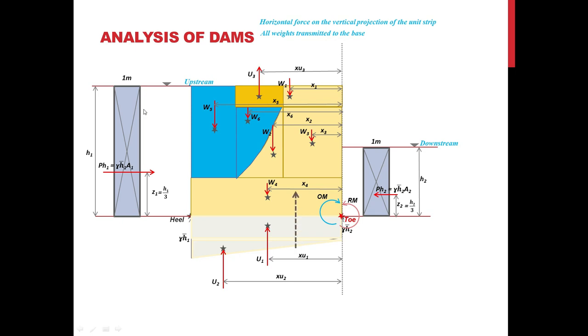So all of the vertical forces will have a corresponding resultant, and this resultant shall be opposite to the prevailing force vertically. This vertical force will be denoted as RV. RV, likewise, will have its corresponding distance from the toe, say x bar.